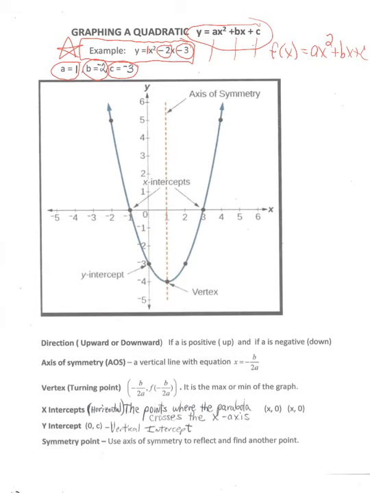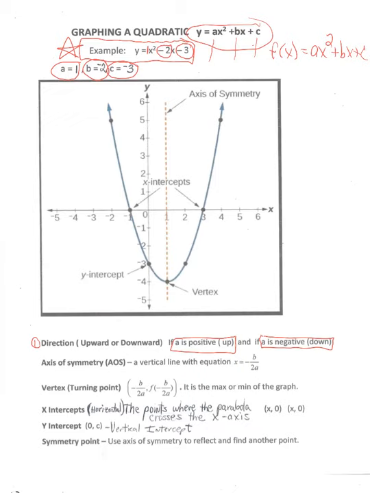It's saying, how do I know if the U-shape, parabola is what we call it, okay? How do we know if the parabola is headed up or down? And it's all based on that a value that we circled up at the top of the page. When the a is a positive number, it goes up. When a is a negative number, it goes down.